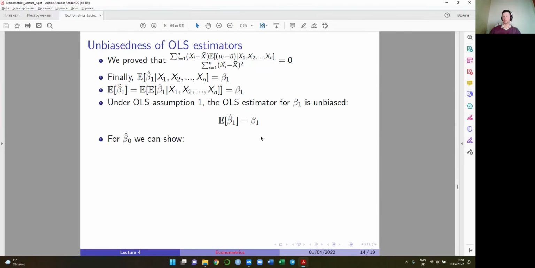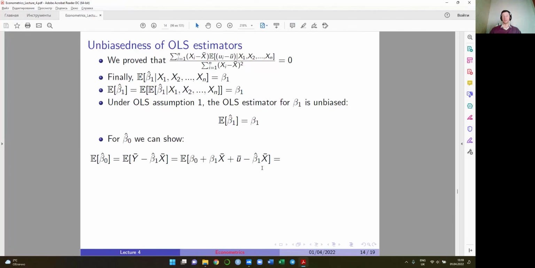Now for beta 0 hat, this is very simple. We know that beta 0 hat is y bar minus beta 1 hat x bar. We know the expectation for beta 1 hat already. Now, instead of y bar, I will write down this expression: beta 0 plus beta 1 x bar plus u bar.